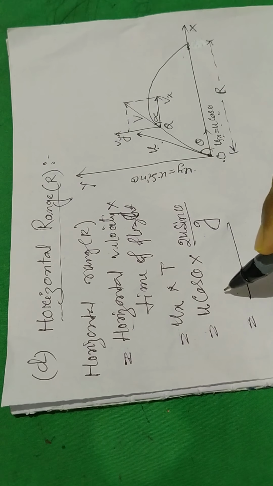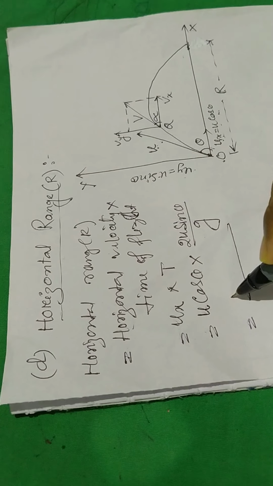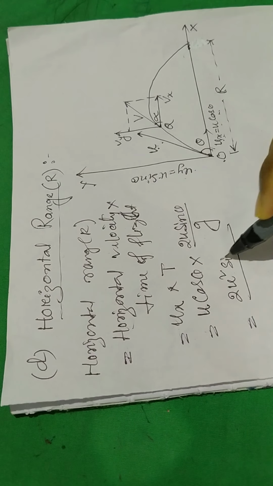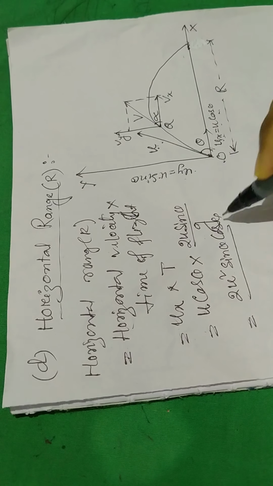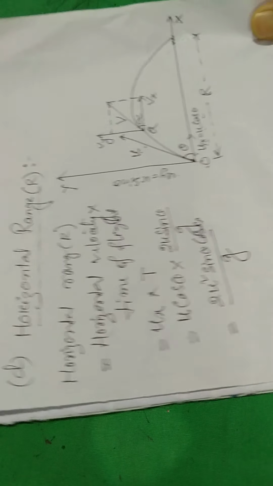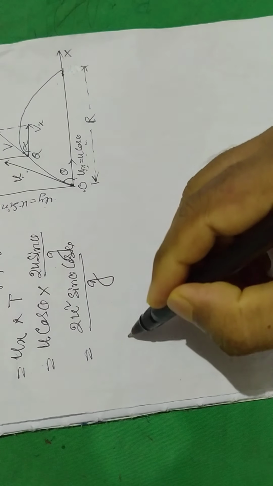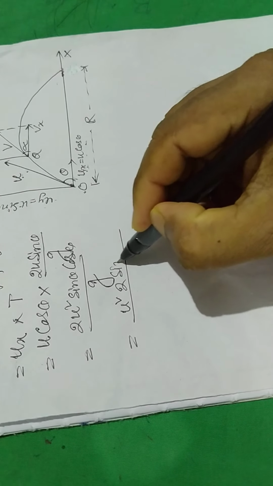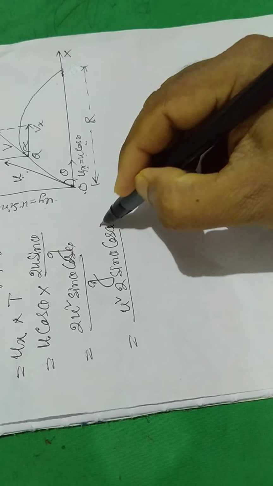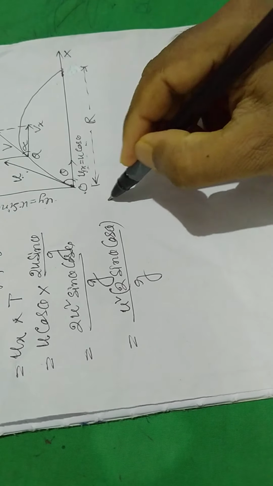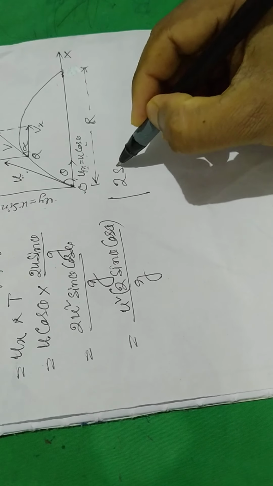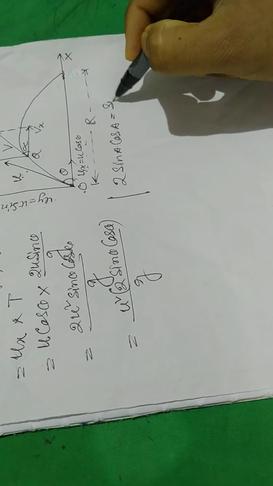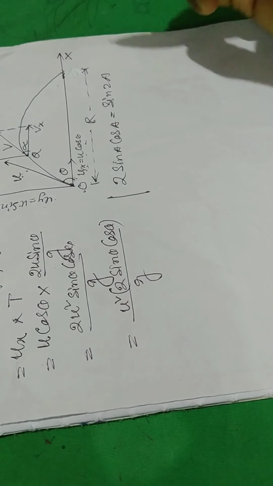So u cos theta into 2 u sin theta by g gives 2 u square sin theta cos theta by g. So u square times 2 sin theta cos theta we can write together. As you know, 2 sin a cos a equals sin of 2a.